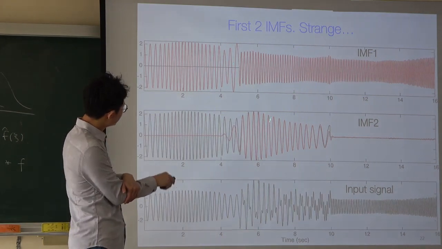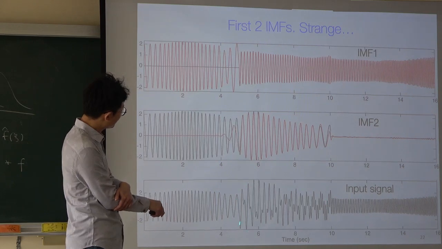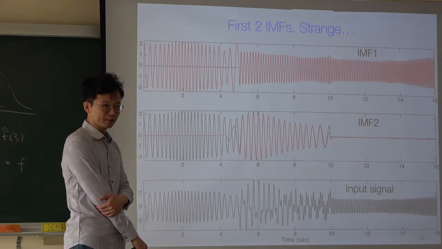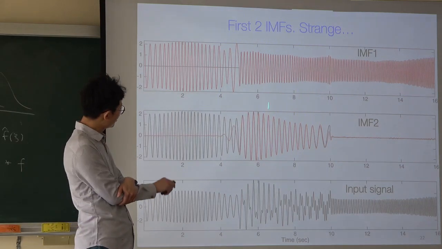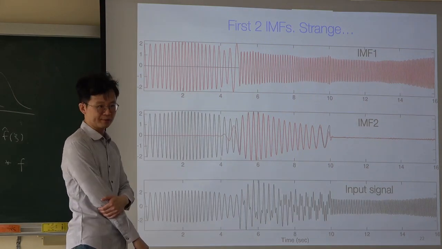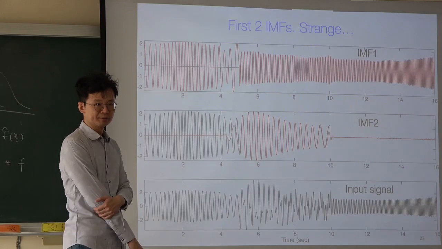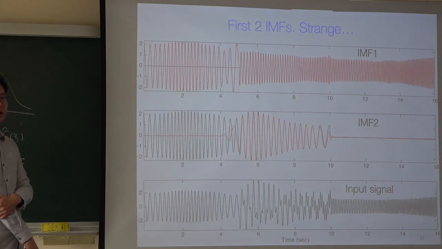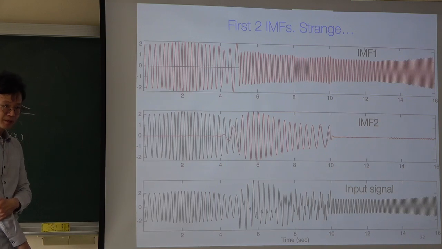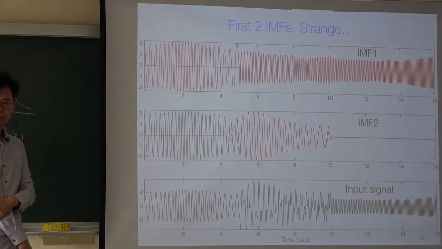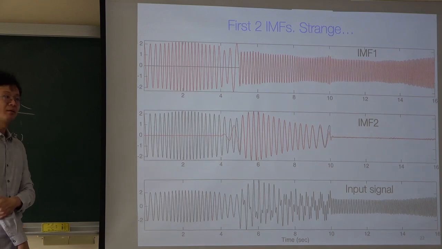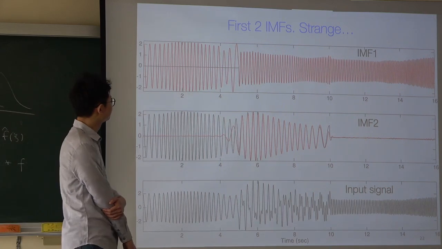And the mode mixing part is somehow decomposed successfully, but they are all organized in the wrong way. In this sense, the IMF information is a bit misleading because you forget the dynamics, or the dynamics is kind of perturbed.